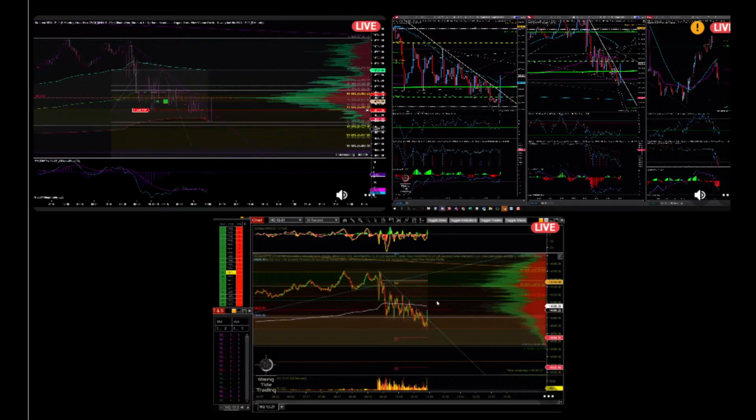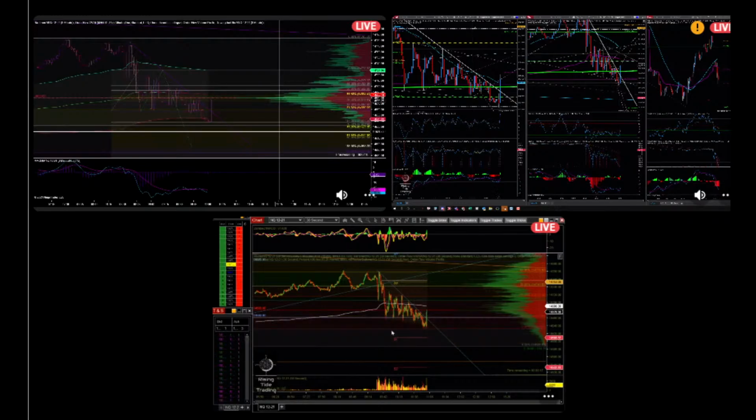I brought the POC down. This right here, those are the gaps. I'll show you. For example, in here we have this gap. So to mark what the gap is, I put it from here to here.